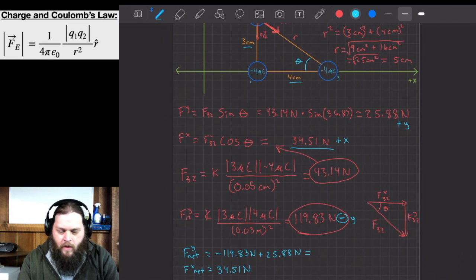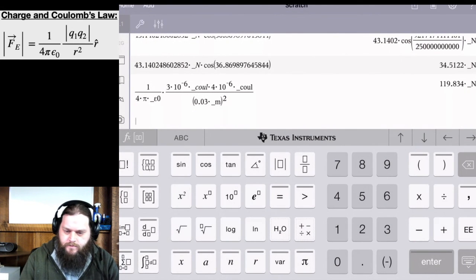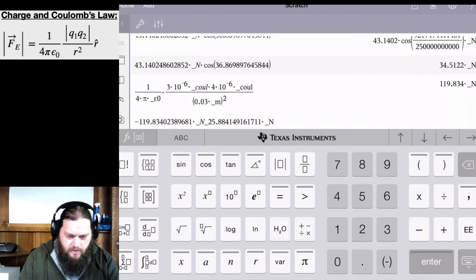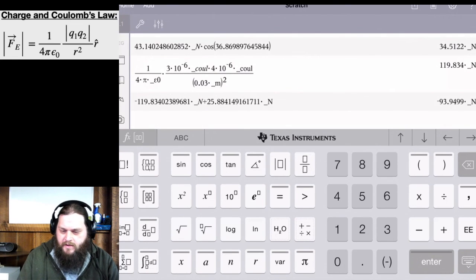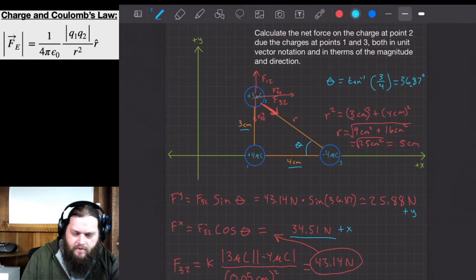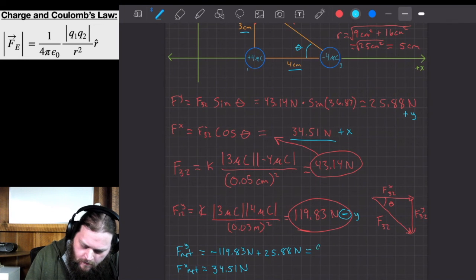So let's find the net y forces. This is a negative value, plus this one. There it is. So it's negative 93.95.